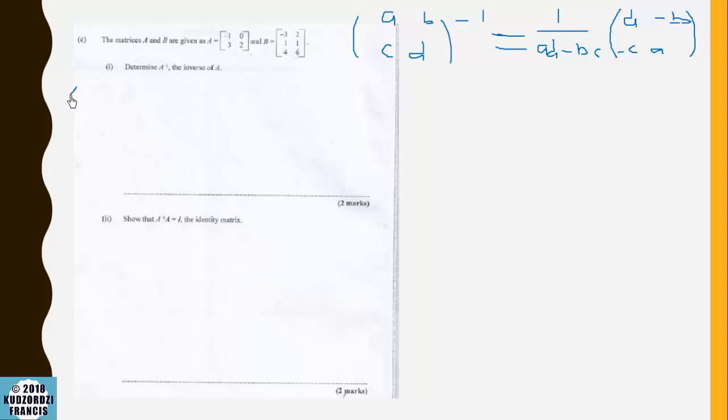So A inverse is equal to 1 over 2 times negative 1 minus 3 times 0, times 2, 0, negative 3, sorry, negative 1.